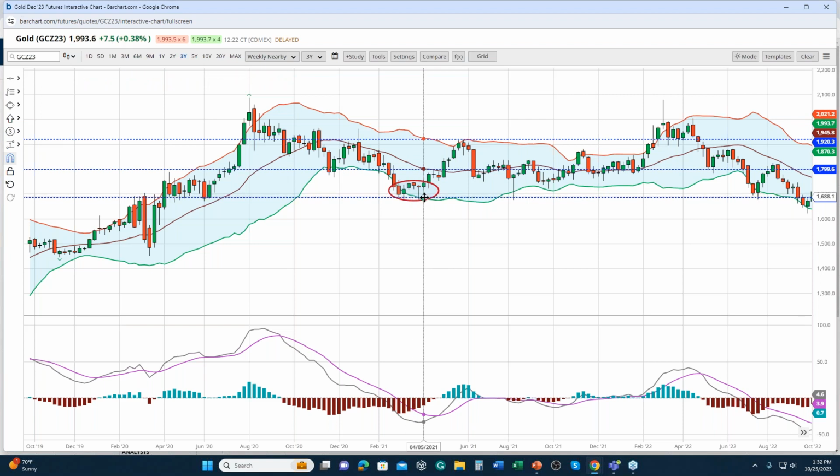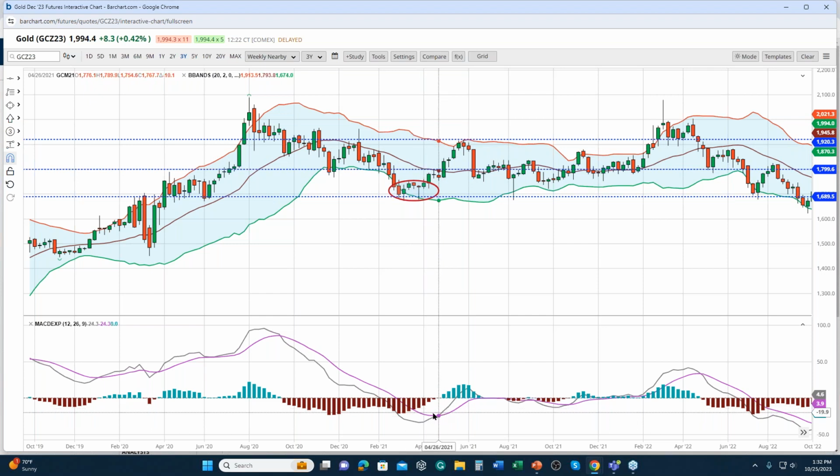It looks like it's a little higher there. There's our lower portion, there's our mean, and then there's our outer band. Notice that here our MACD is confirming to us, giving us a buy signal. Where is it giving us a buy signal?